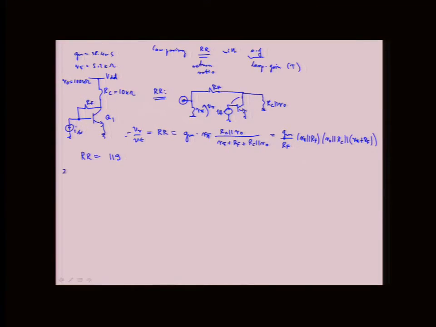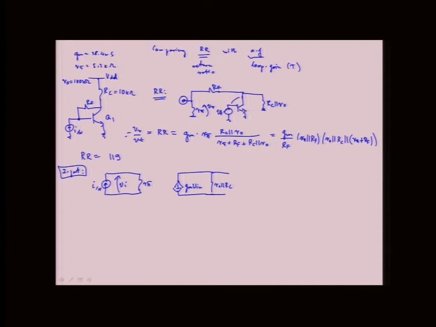Okay, if we do two-port, let's see how that would look. We have I in, and then we'll have R pi. I'm going to label this as VI. And then here we have GM V in, RO in parallel with RC.